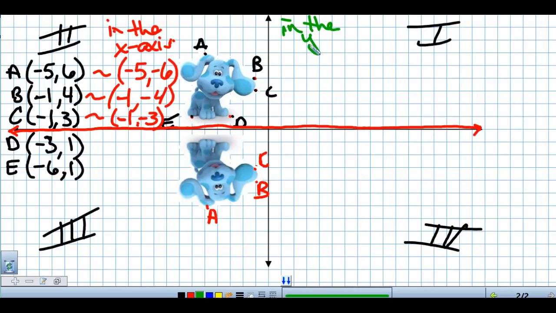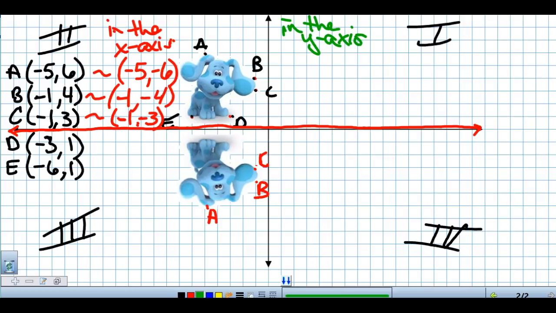Okay. So again, we're using the original coordinates. If we're reflecting in the y-axis, the x values are going to be the ones that change to their opposites. So where we once had negative 5, 6, we will now have positive 5, 6.